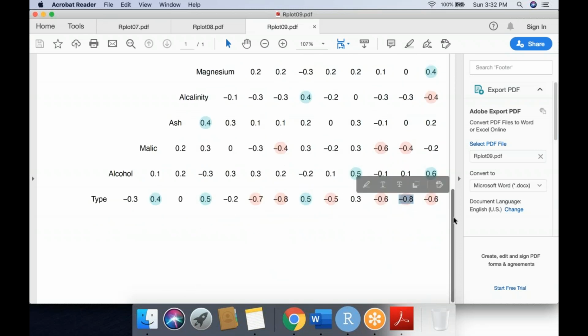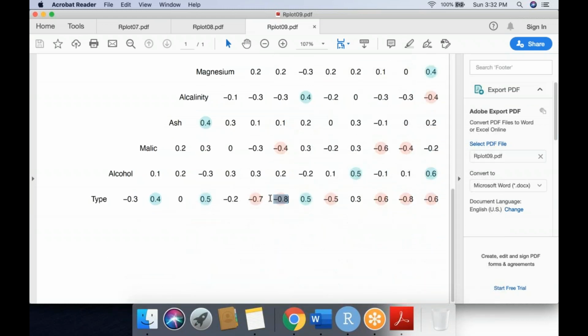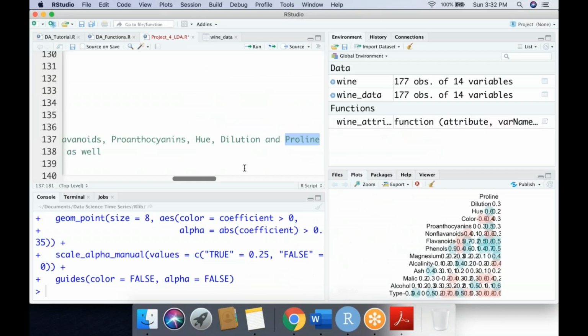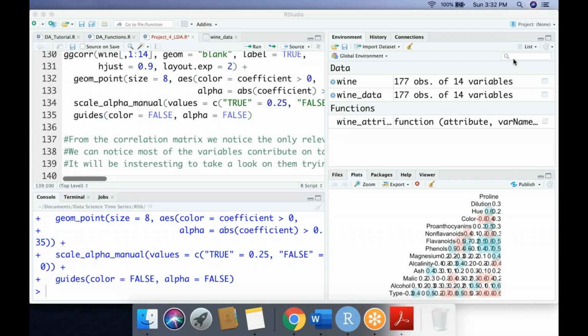This is 0.8 downhill. So there is a negative correlation between proline and type, but we can do a transformation and see, as you are suggesting, whether it shows a much stronger relationship or the relationship comes down. That was your suggestion, correct, Mahendra?